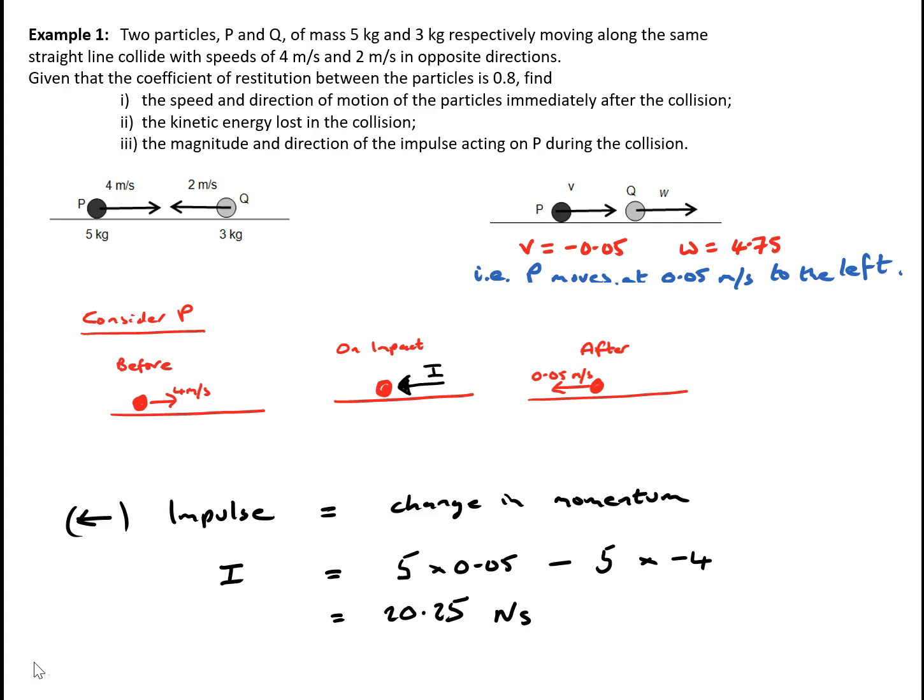So altogether we've got I is 20.25 Newton seconds. And the direction of this impulse is in the opposite direction to the initial velocity of P.